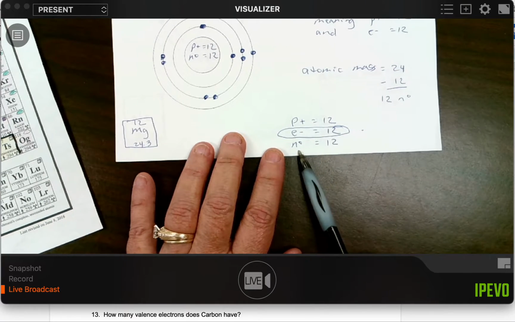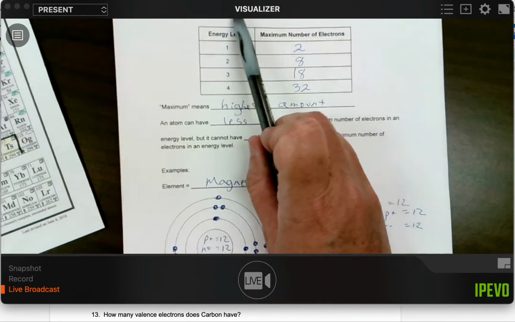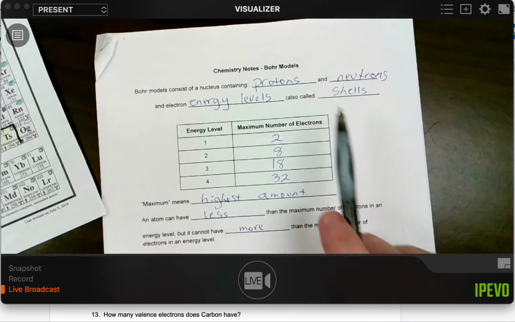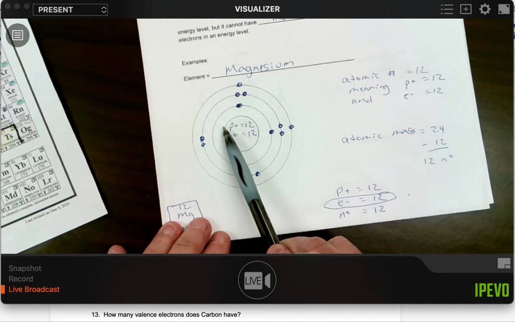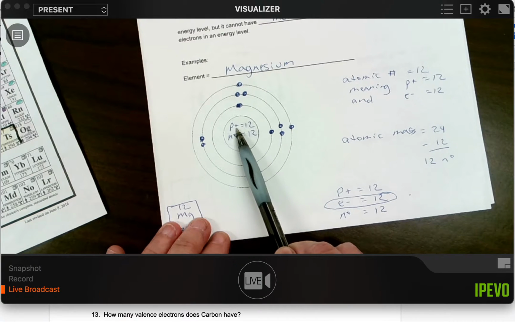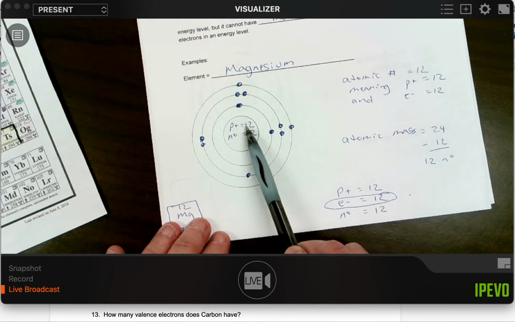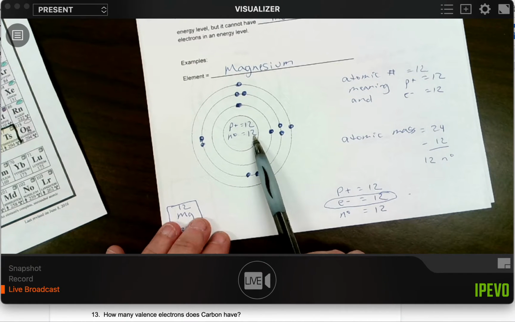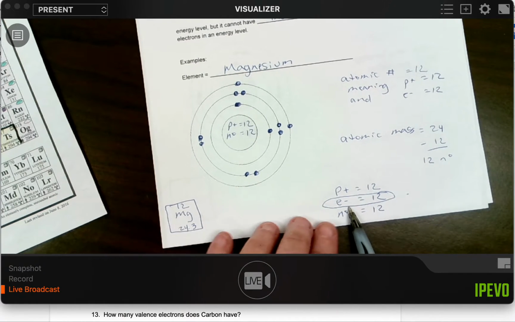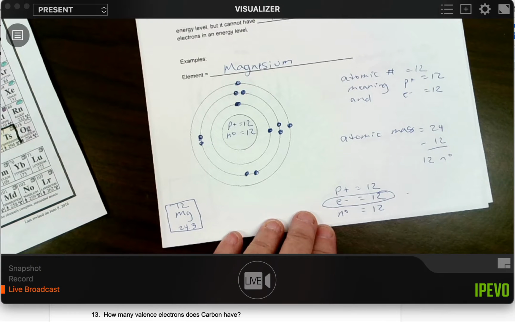The protons and the neutrons, remember, are in the nucleus. So on the inside of my Bohr model, I write P plus, which represents protons, equals 12, and N, neutrons, also equals 12. And then my electrons, I have 12 electrons.